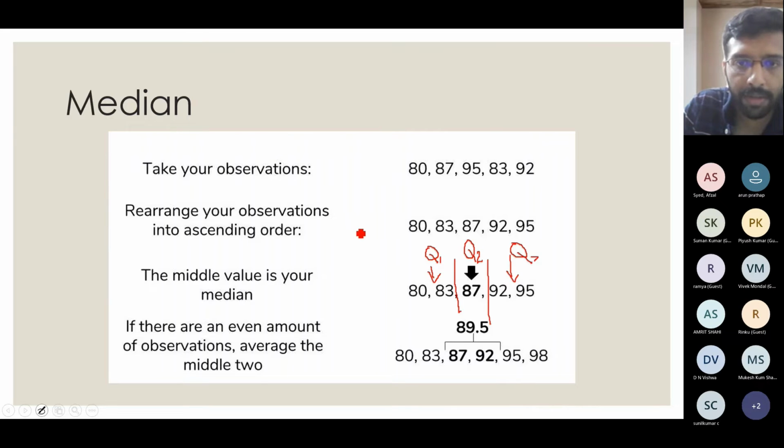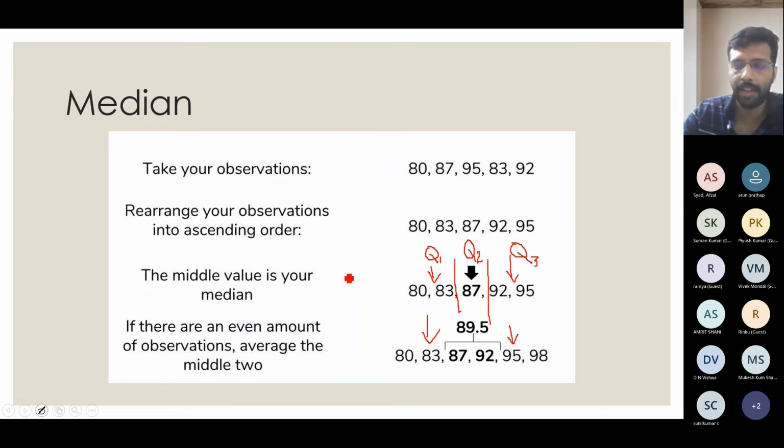So this completes it, no? Did I understand correctly? Yes, exactly correct. Similarly, in the second data, 89.5 is Q2, 83 is Q1 and 95 is Q3.